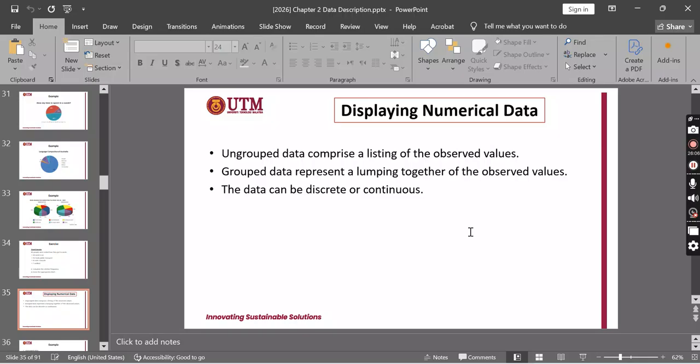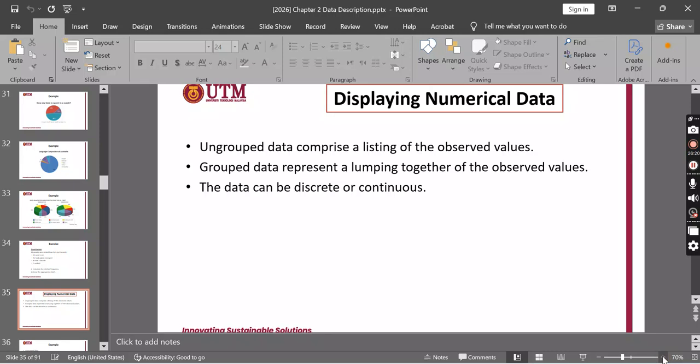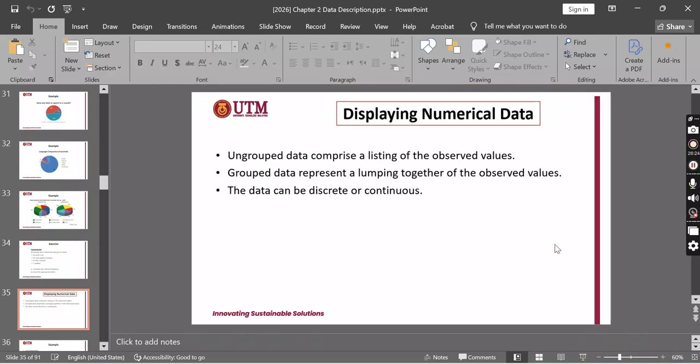Okay, we finished the categorical data set or qualitative data set. Now, what if we have a quantitative data set? For a quantitative data set, how can we use it?